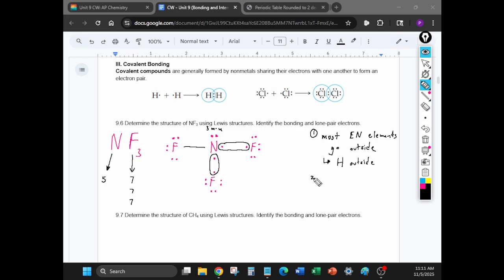So that's going to be the other rule that we write. One line represents 2 shared electrons. Another word for this is bonding, 2 bonding electrons. So every time that you see a line between 2 elements, that represents 2 electrons being shared.